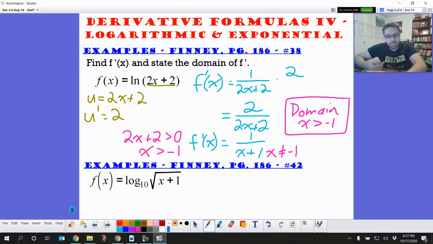And when you find derivatives, if you think back to our original definition of derivatives, we were evaluating f at certain things in order to find the derivative. So if we can't evaluate f at x equaling -2, then we can't do that. If we can't do it in f of x, we certainly can't do it in f prime of x, because we need f of x in order to find f prime.